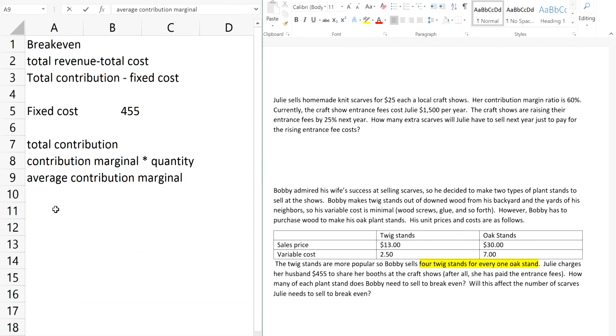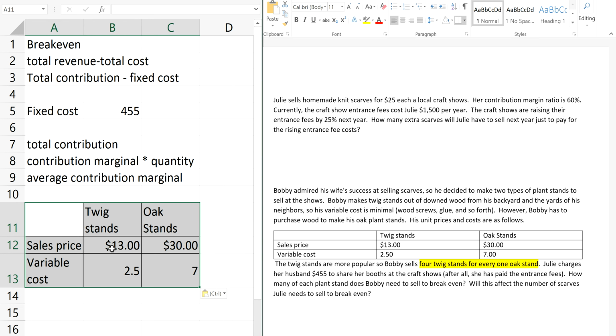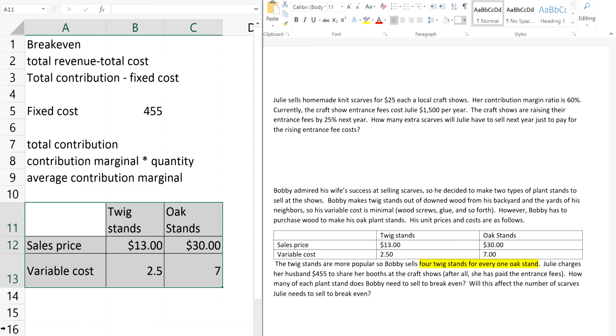So let's find out what our average contribution margin is. Let me highlight this table onto my spreadsheet so that I don't type everything out again. All right, here we go. To find the average contribution margin, we're going to do this.